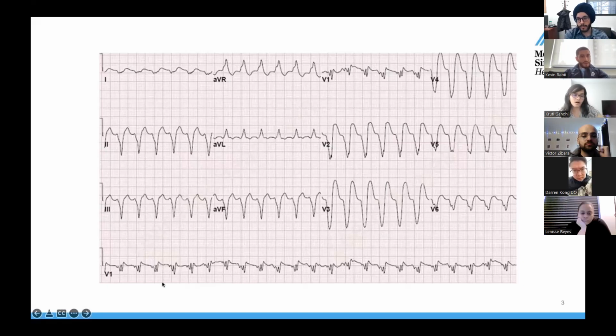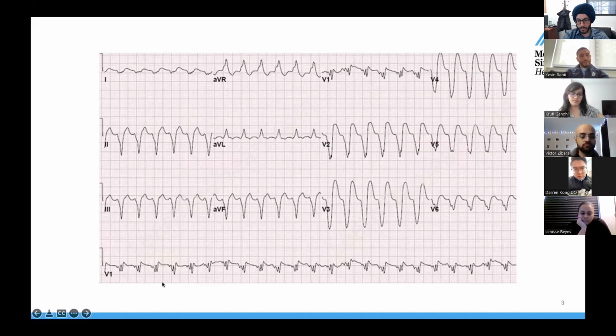Yep. And would you describe it as narrow or wide? Wide. I think this would be wide complex based on QRS greater than 120, in leads V1, V2. Perfect. And would you say all the complexes look fairly similar? From the precordial leads, yes, they do to me.